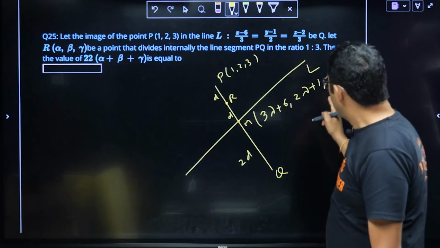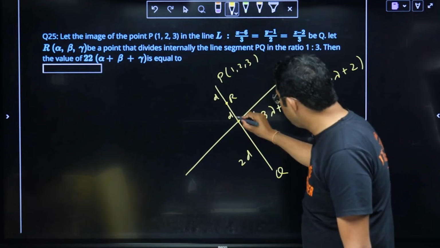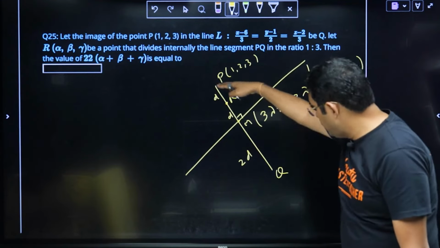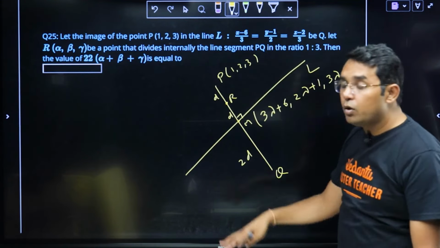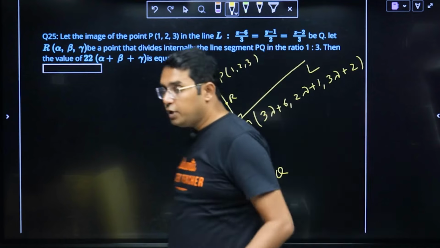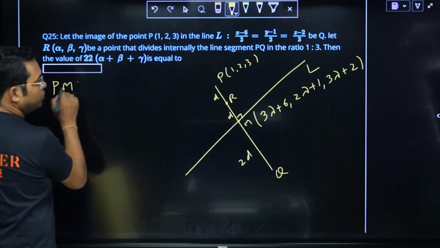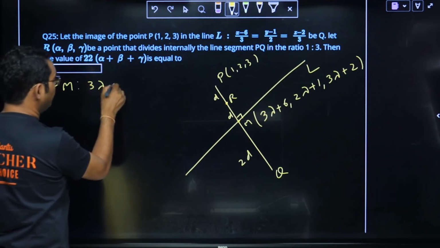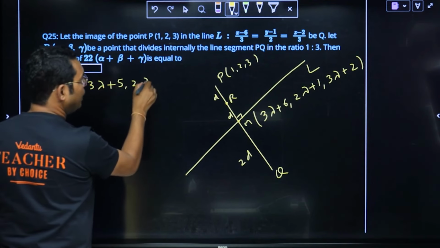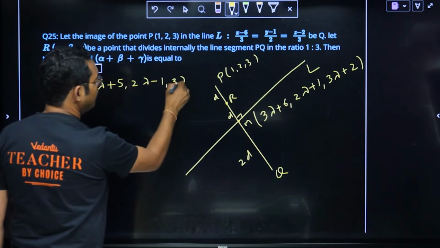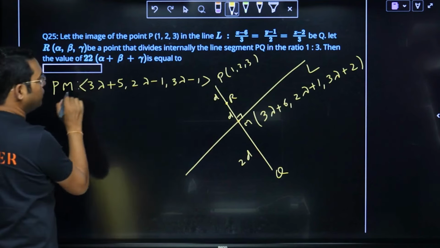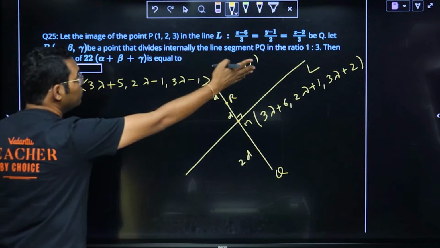Okay, and this point we can find with the help of the concept that because it's an image, PM will be perpendicular to the line L. Now we have to take the direction ratios of PM first. So the direction ratio of PM will be 3 lambda plus 5, 2 lambda minus 1 and 3 lambda minus 1. Okay, and that will be perpendicular to the given line.